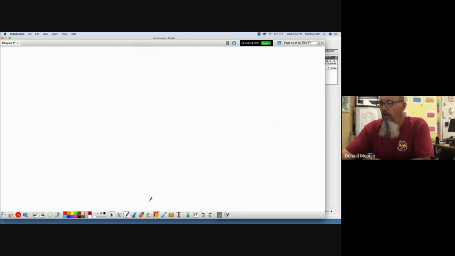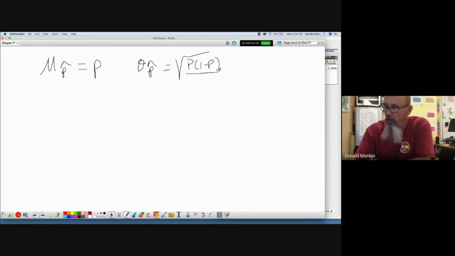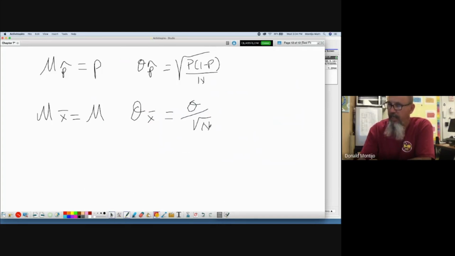All right, so what did we find out? The mean of p hat equals p. The standard deviation of p hat is equal to the square root of p times 1 minus p over n. The mean of x bar equals mu. The standard deviation of x bar equals sigma over root n.